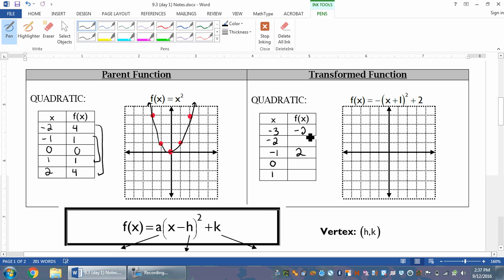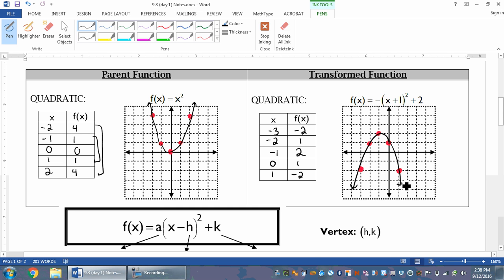You get negative 2, 1, 2, 1, negative 2. Again, they mirror each other. So I have negative 3, negative 2, negative 2, 1, negative 1, 2, 0, 1, and 1, negative 2. Go ahead and plot those points.